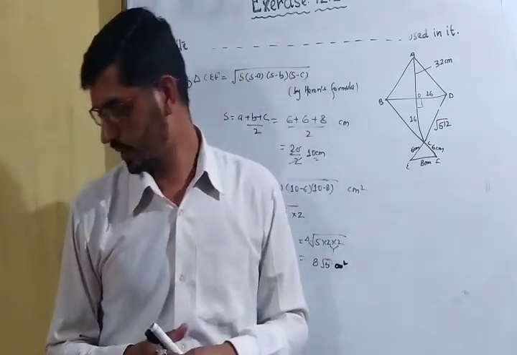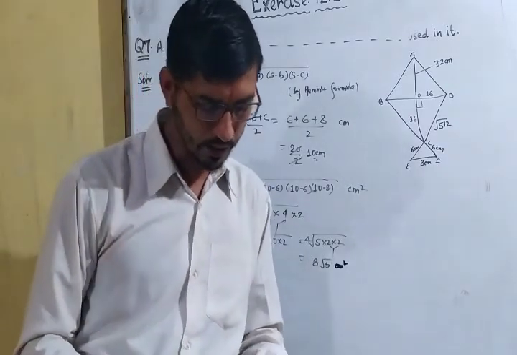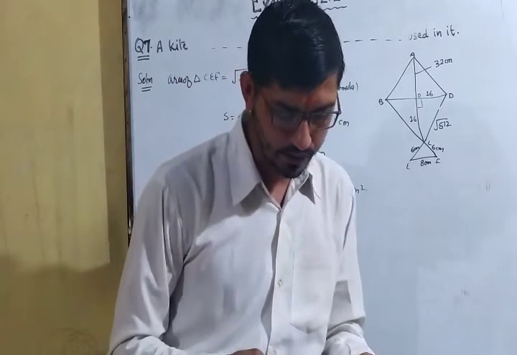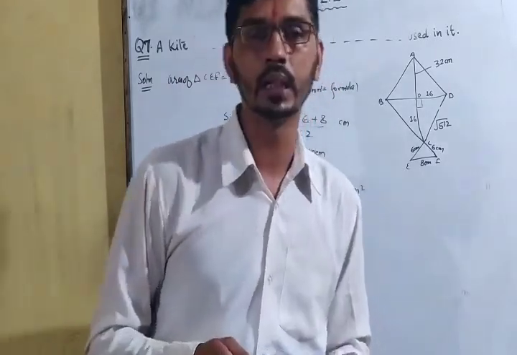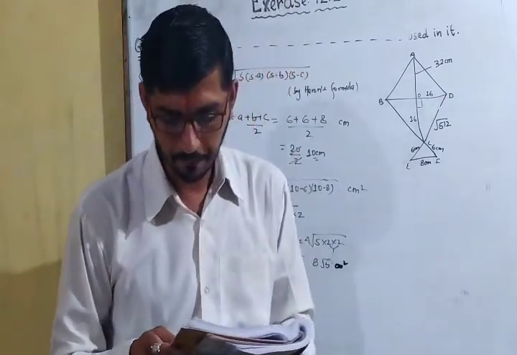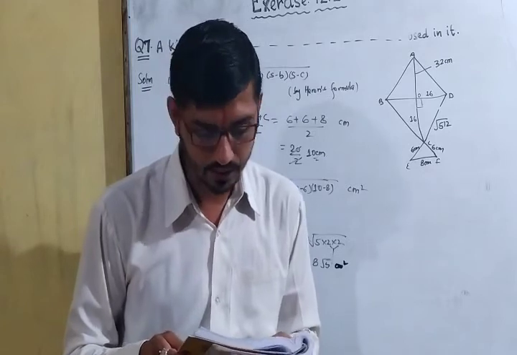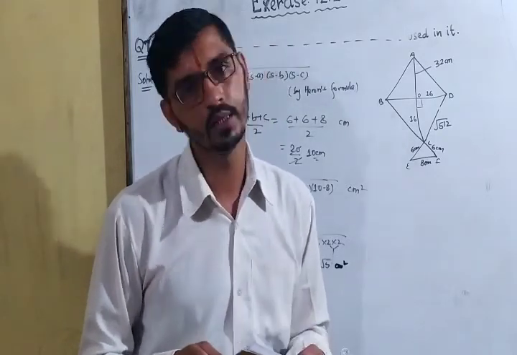The next question, question number 8, is again very easy. A floor design is made up of 16 triangular tiles, and the sides of the triangle are 9, 28 and 35 centimeter respectively.